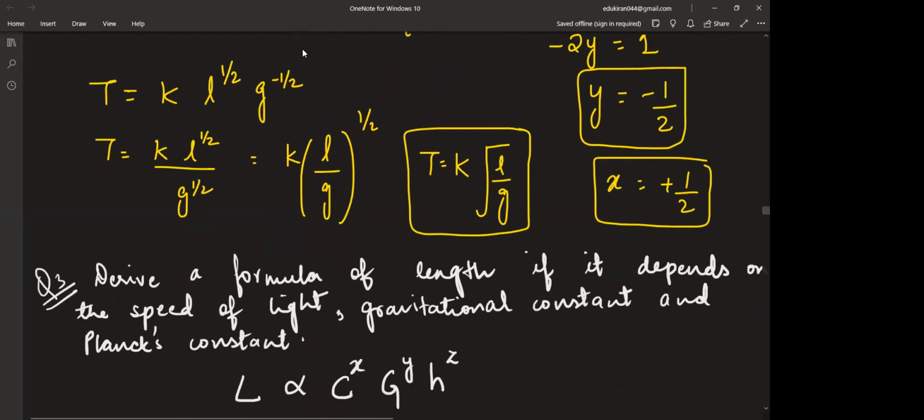Those who have completed, start telling me the values of x, y, and z from question 3.